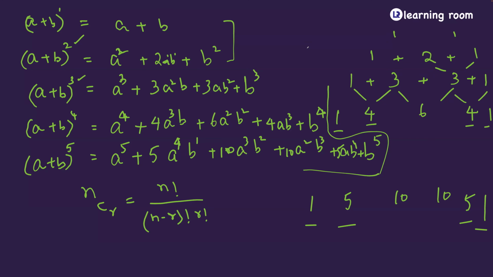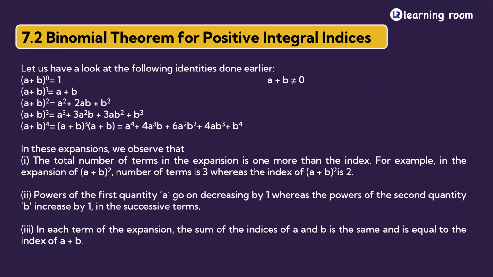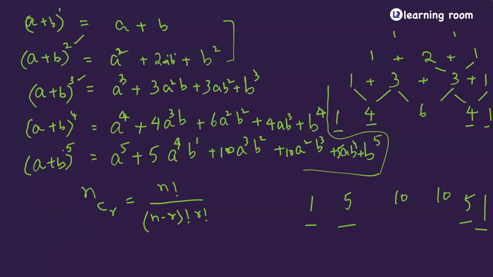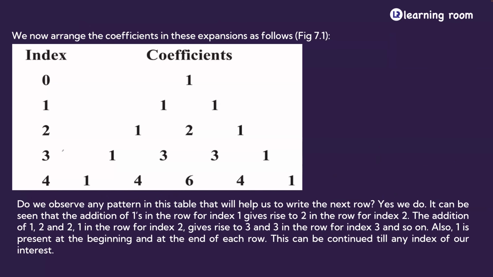Are you done? Right. So here, one thing I was supposed to tell you is you're able to see this pattern, right? So this pattern is going to look something like this. Clear? So it is 1, 1, 1.